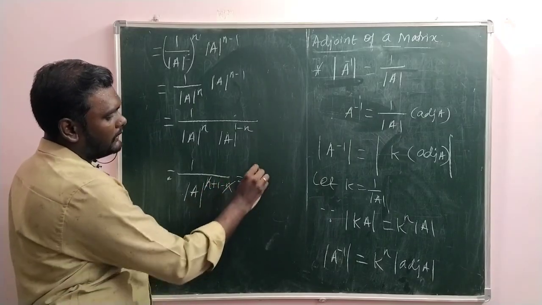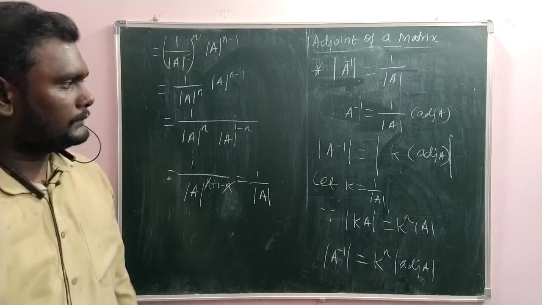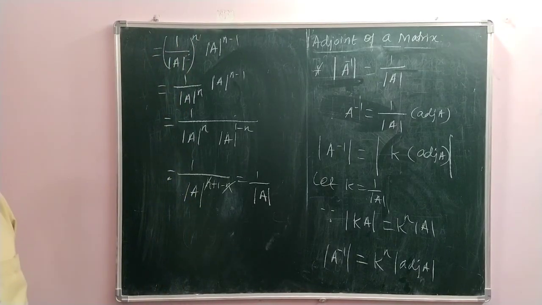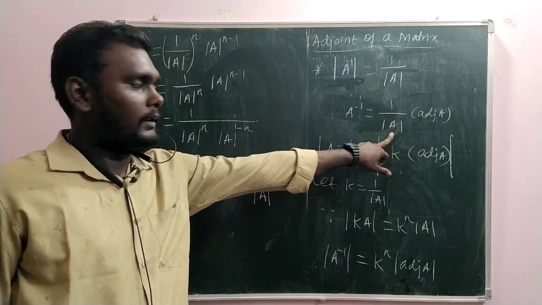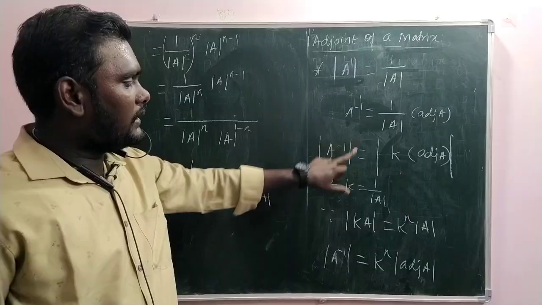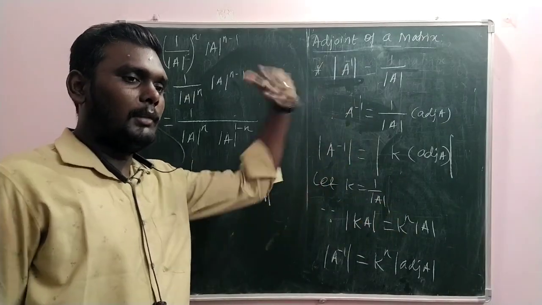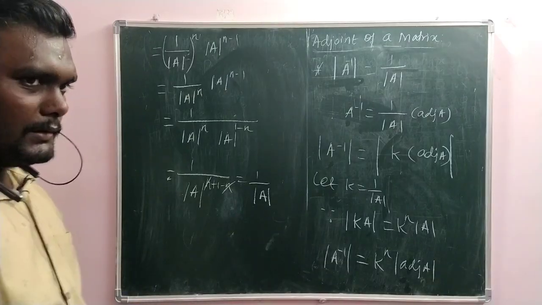So plus n minus n cancel, we will get 1 by determinant of A. Simple. I just applied the definition of the determinant, and while applying that, I kept the determinant property also. So we got this answer. Any doubts on this?